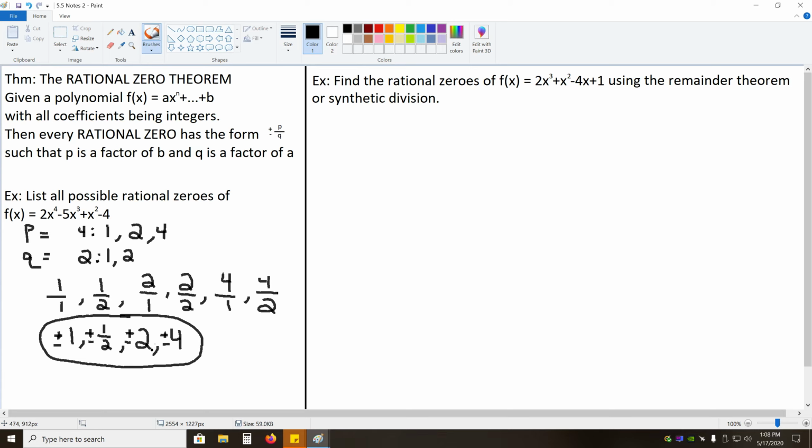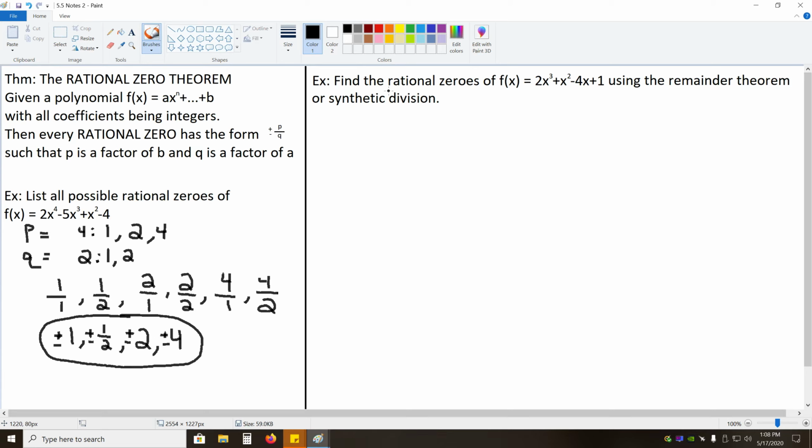Any other whole number or integer or rational number you can think of, like 5 over 7, cannot work. This theorem says these are the only 8 that you would ever need to check. So that's obviously a very useful thing. We just condensed down an infinite number of possibilities into 8 possibilities that we need to check.